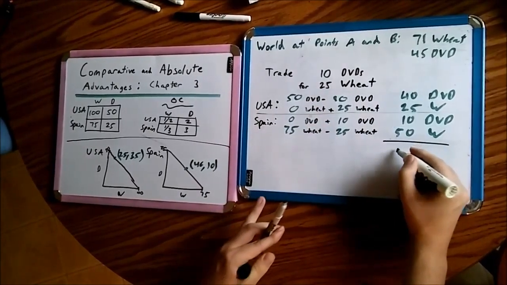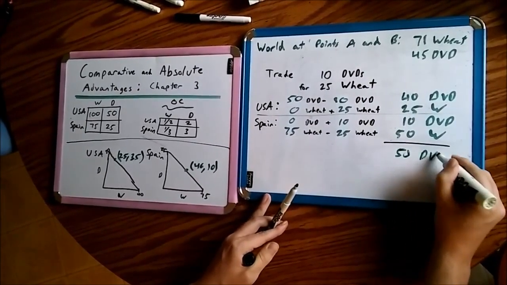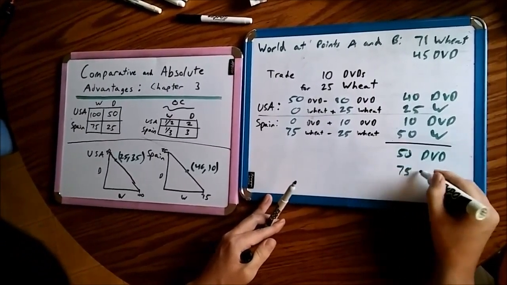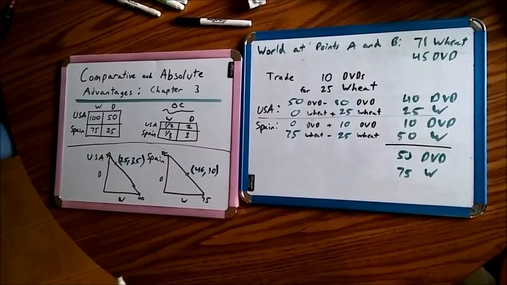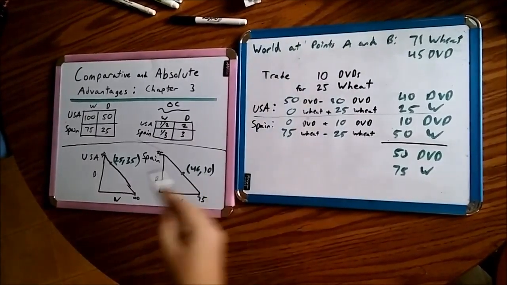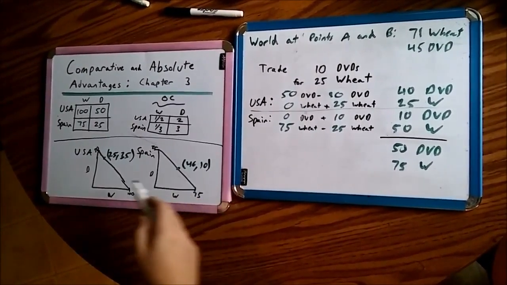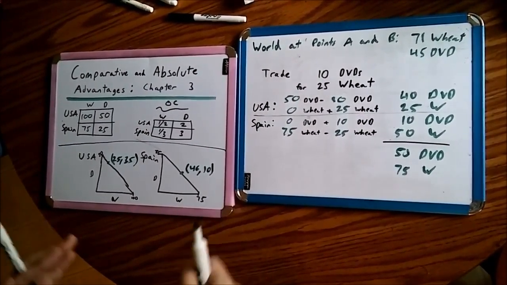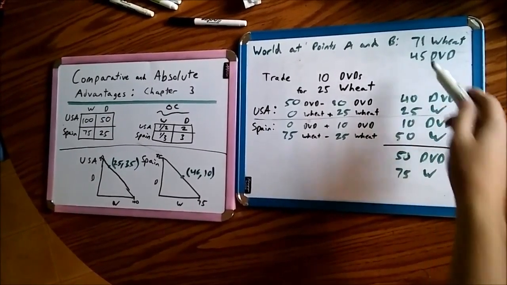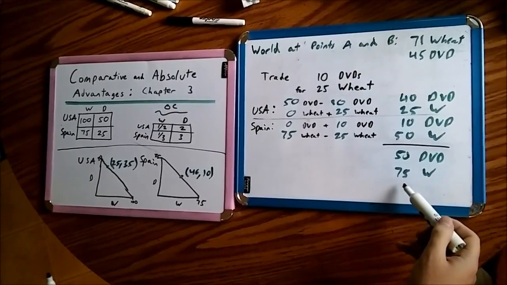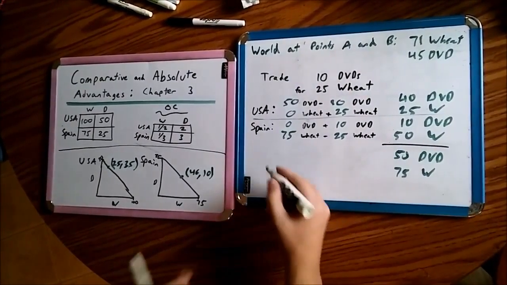We're still going to have 50 DVDs and 75 wheat because of what we specialize. We're not losing anything. But we are actually gaining, because looking at the world points between A and B of what they were producing before, we were only producing 71 wheat and 45 DVDs. Now we are producing 75 wheat and 50 DVDs.